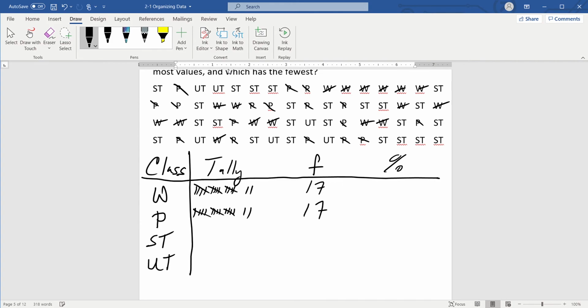Sweet teas. It's 24. And now the unsweet teas.